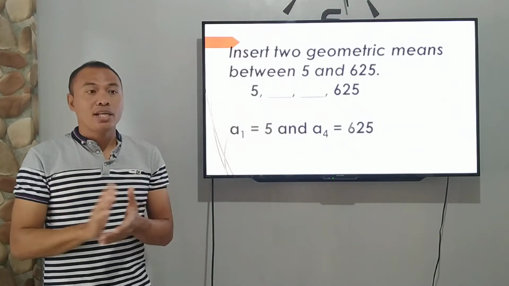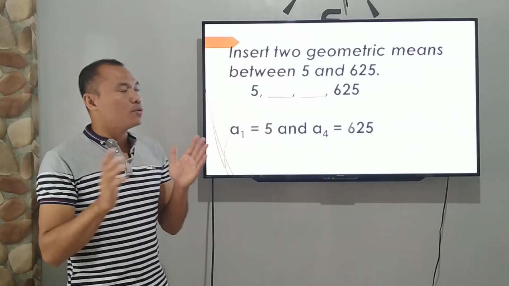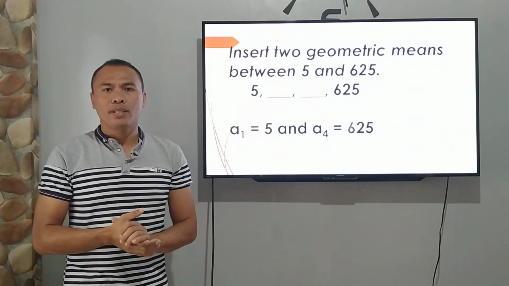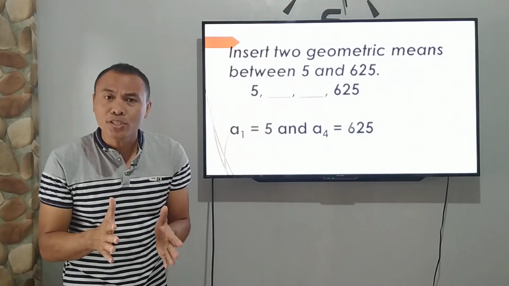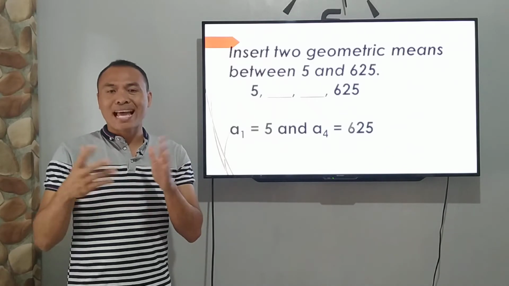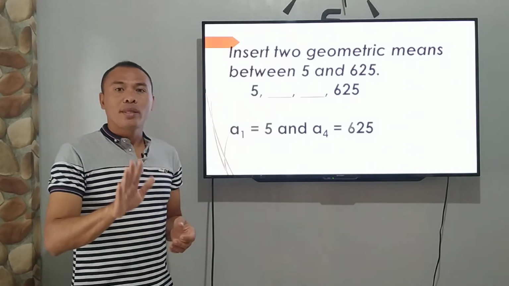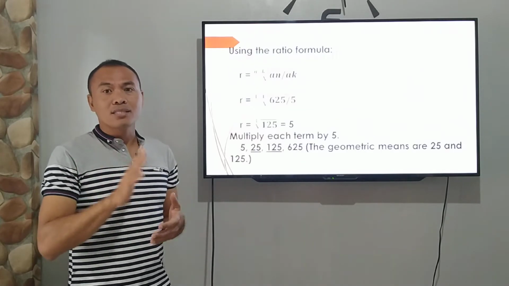Okay, let us try another one. Insert two geometric means between 5 and 625. So, dalawa ang hinahanap. And our first term is 5, and our fourth term, or the last term, is 625. Using the formula, what is our n? That's 4.